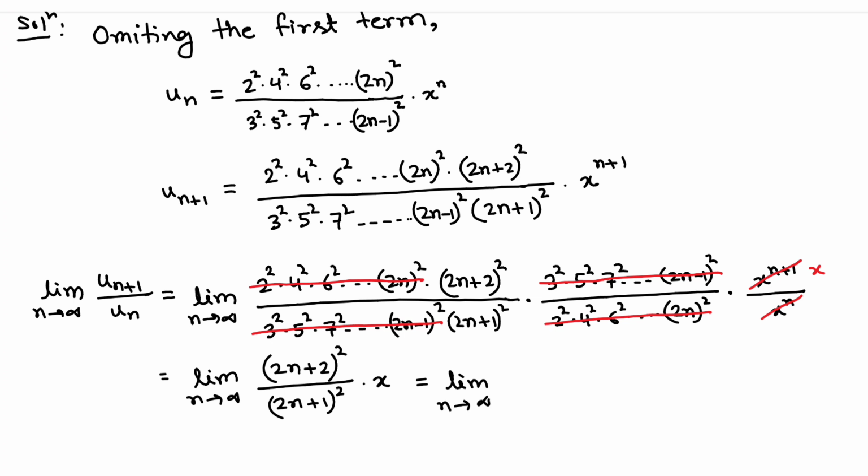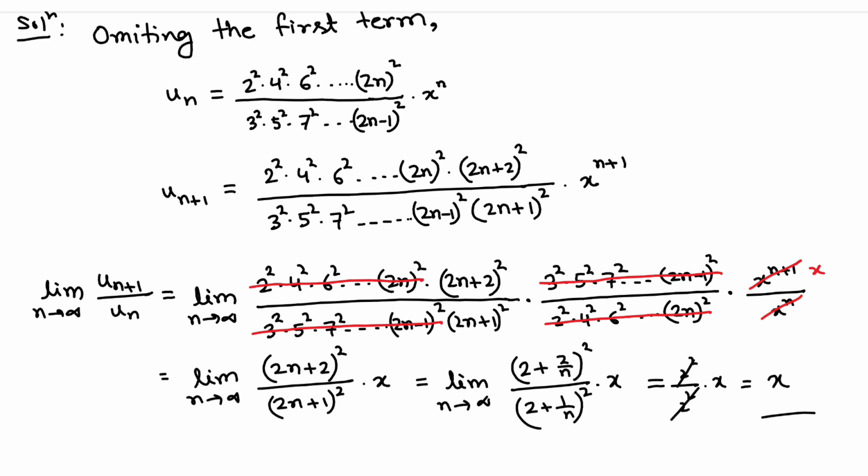If I divide by n, this will be 2 plus 2 by n whole square divided by 2 plus 1 by n whole square into x. If n tends to infinity, you will get 2 square divided by 2 square into x. That means 2 square cancelled, x is the answer. That means this limit is x.